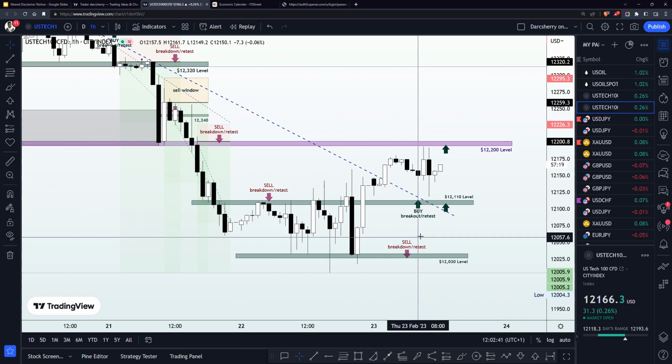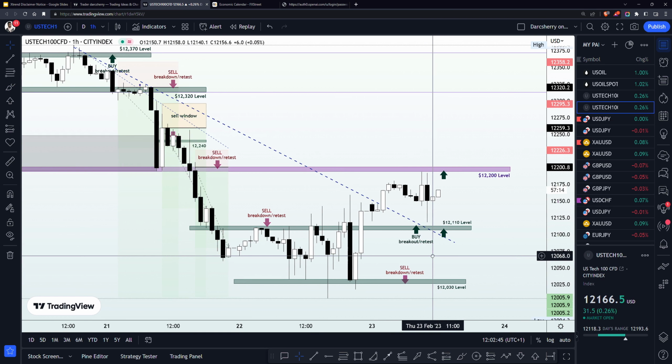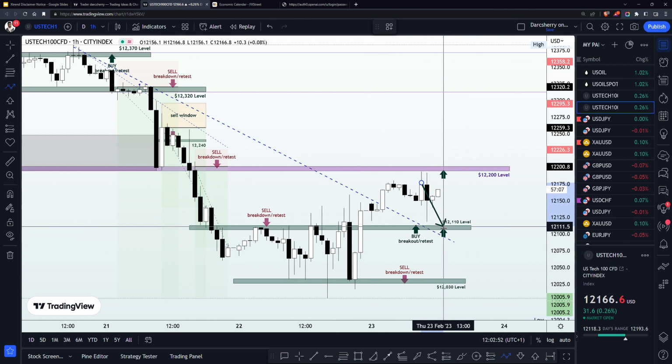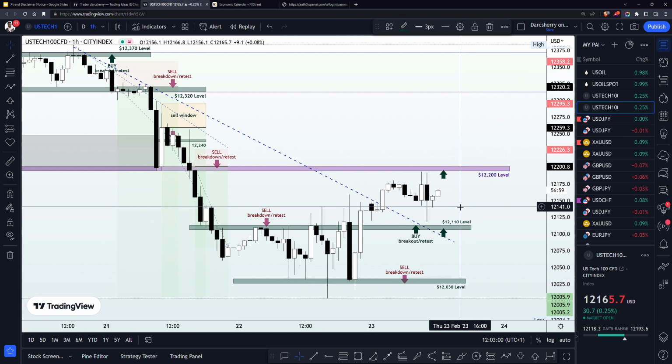Now, one thing I said here is this area has a tendency of a trend continuation to the upside. If you had missed the buy opportunity here, there is a likelihood that price will come back and do a retest of the 12,110 area. Buy pressure around this area could incite another wave of bullish momentum.